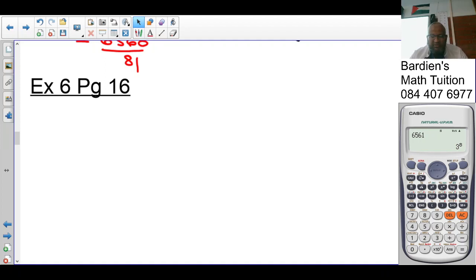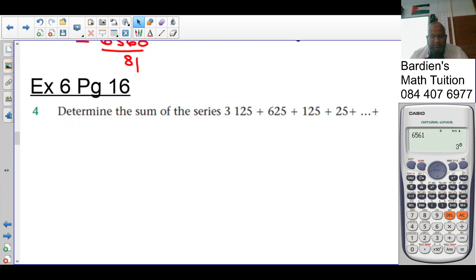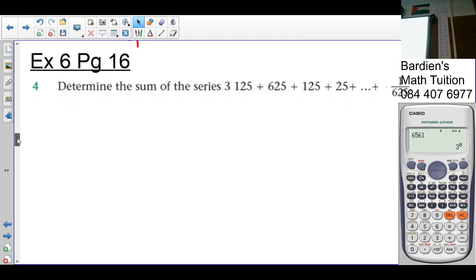1 over 625. Okay, so the question says determine the sum of the series. Again same story. We let that be the nth term.